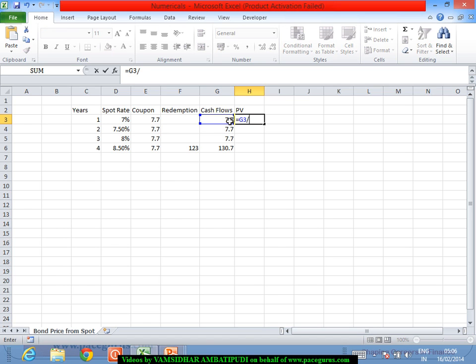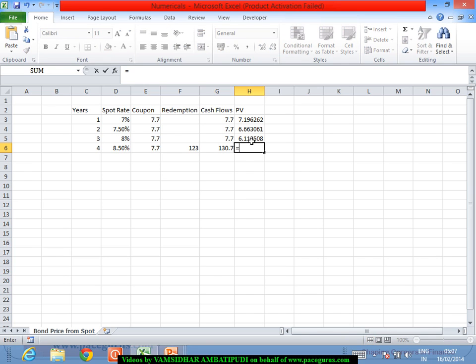So this cash flow I will discount by this spot rate. Then this cash flow I will discount with this spot rate to the power 2, because this is a 2-year spot rate. Similarly, this cash flow I will divide by 1 plus the 3-year spot rate to the power 3.